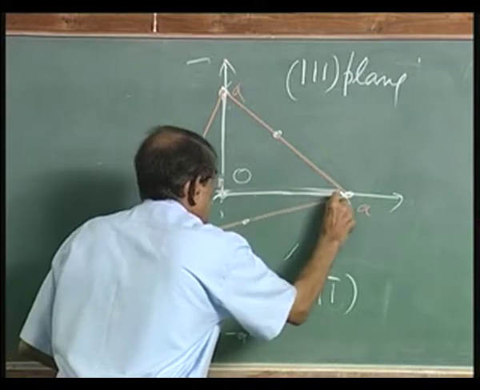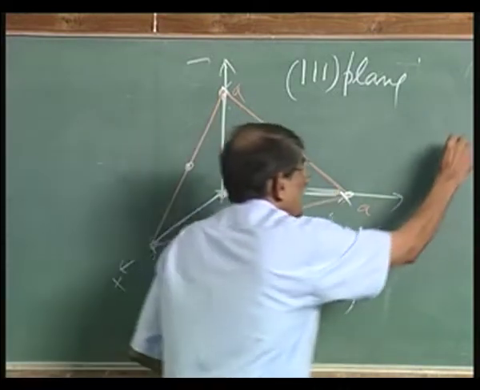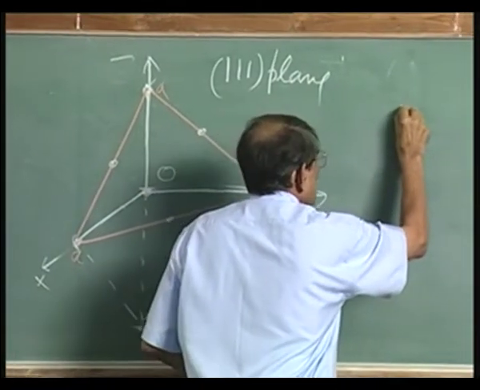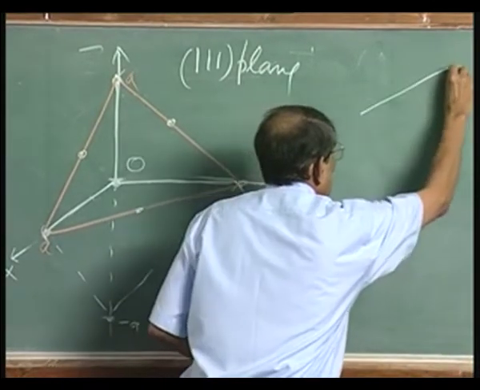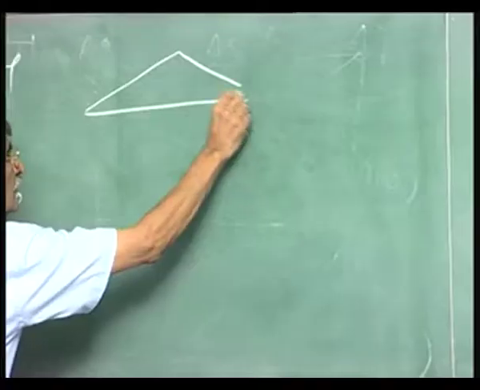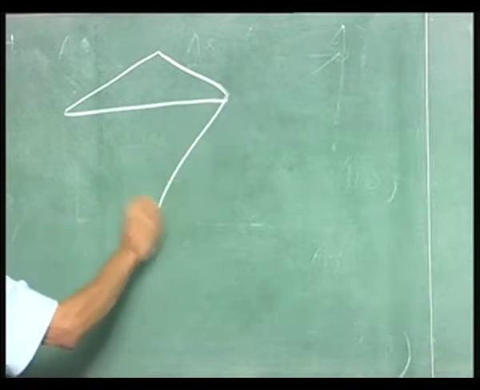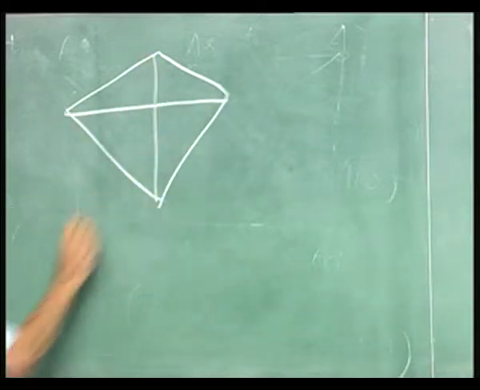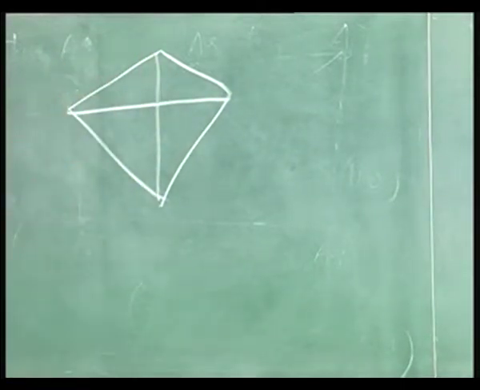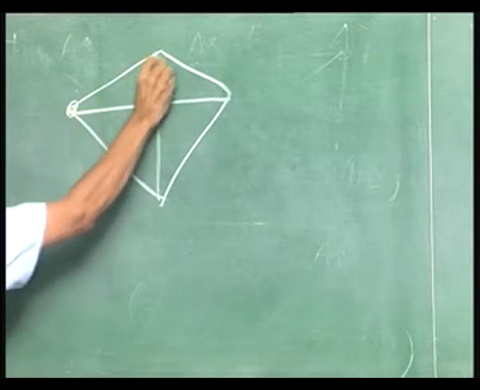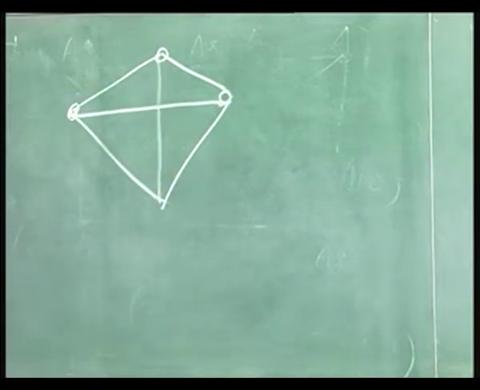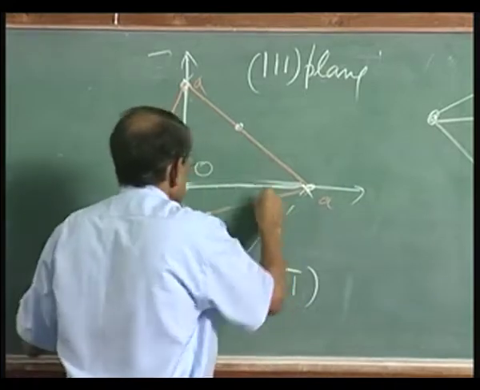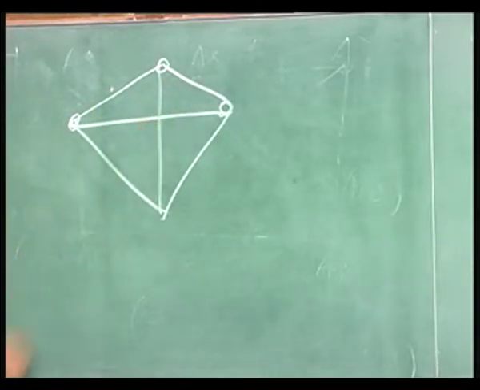Tetrahedron. See, what we have is a structure something like this. Okay. That is the top, the one coming like this. So, you have got all these atoms on the top of that corner and also of course here.